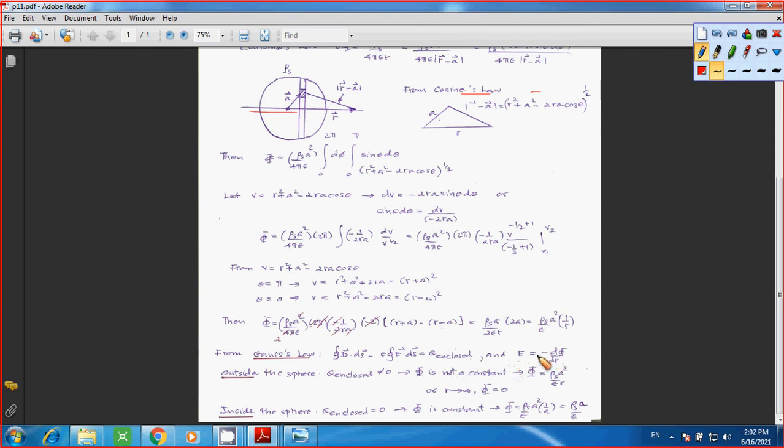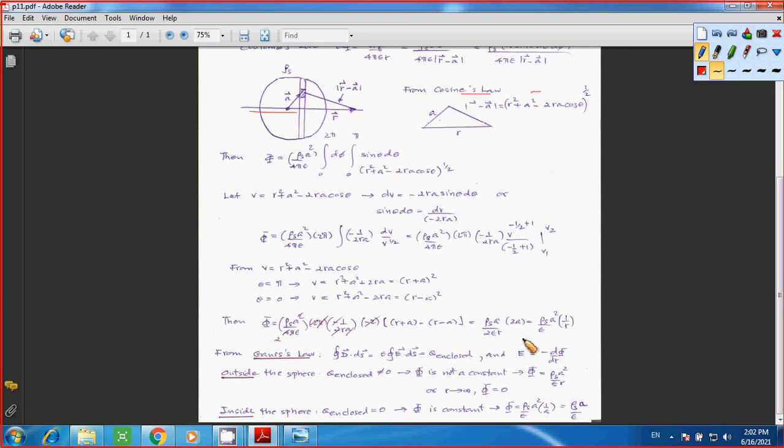And you also have the relation between the electric field and the potential difference, that is E equal to negative d phi over dr, if this is only in one dimension.